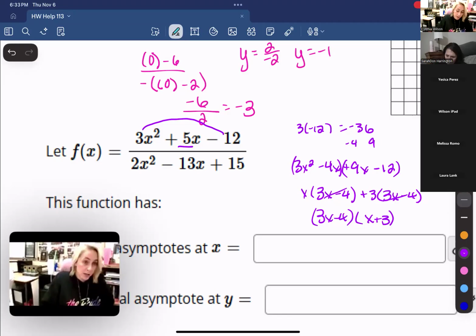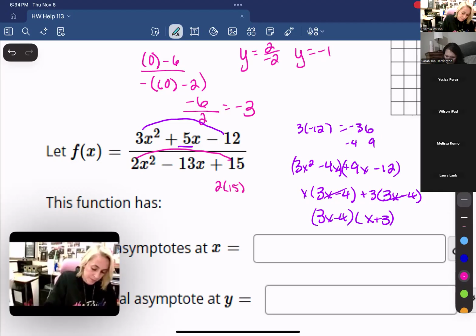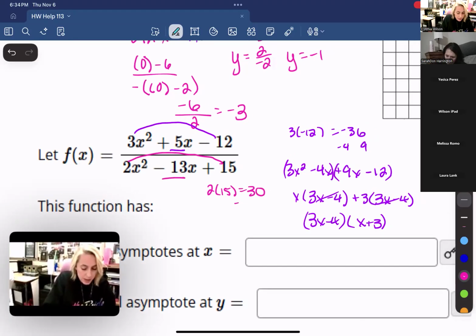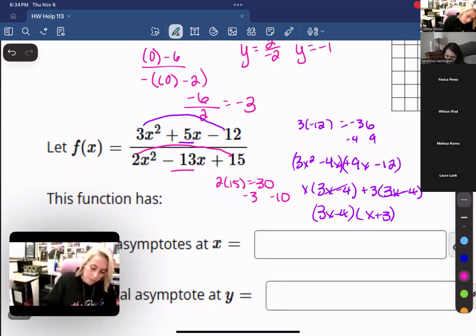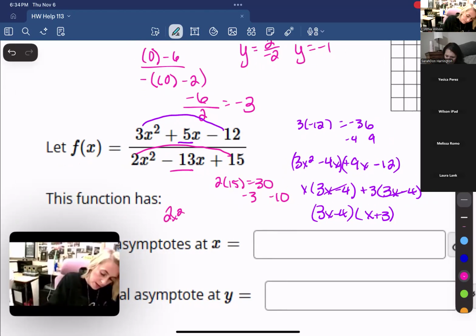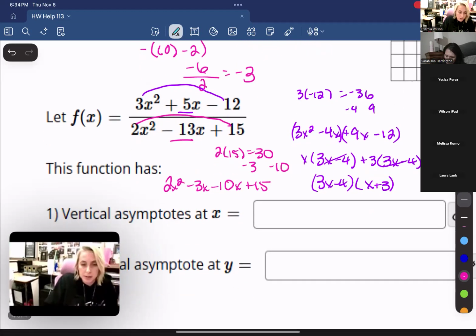I'm going to do the same thing for the bottom. So we're going to multiply 2 by 15, which is 30. And we want factor pairs of 30 that add to be negative 13. So it's going to be negative 3 and negative 10. You're going to break it up. And I know I'm running out of space because I don't know how to make spaces.